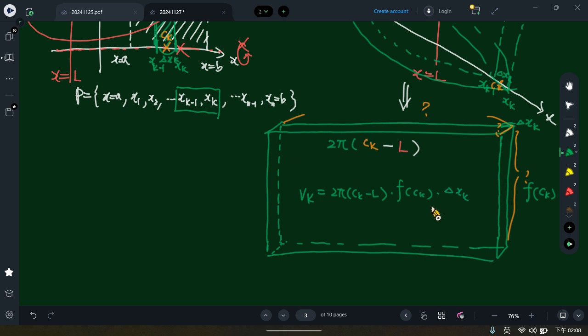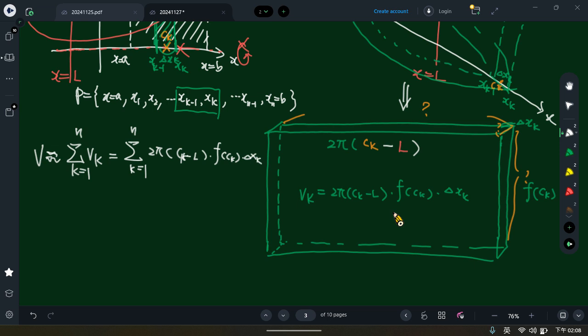If you have this small portion, you can apply the same idea to each small portion, so that V is approximately the sum from k equals 1 to n of V_k, which is the sum from k equals 1 to n of 2 pi (c_k minus L) times f(c_k) delta s_k.